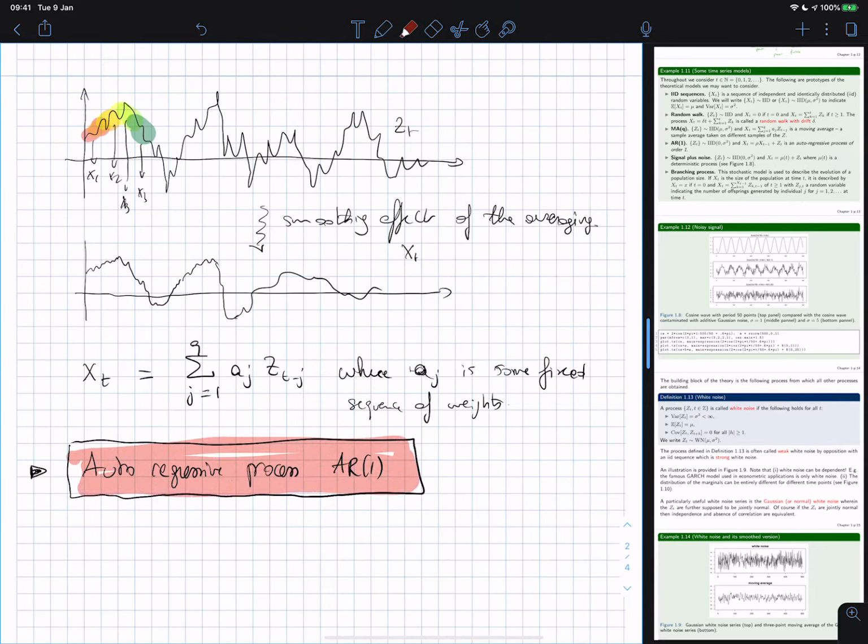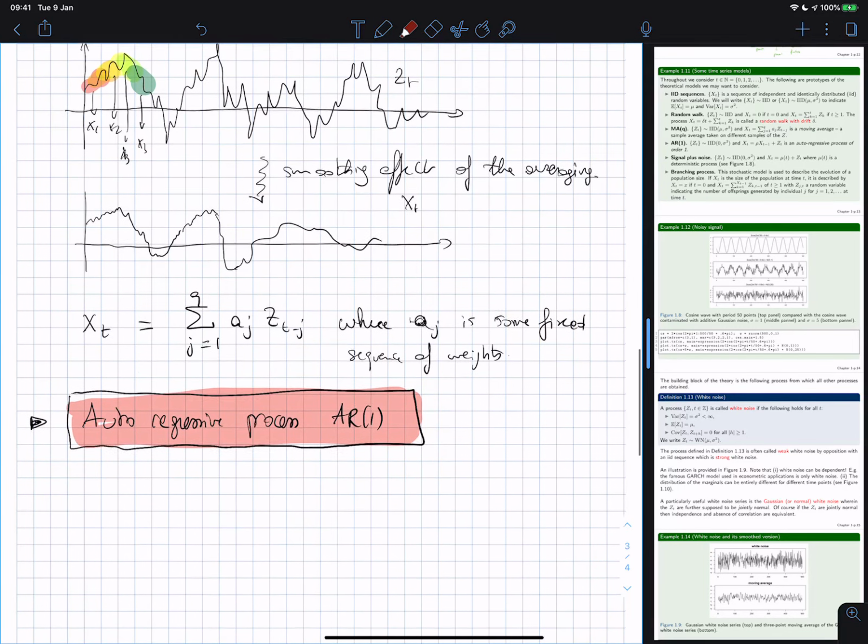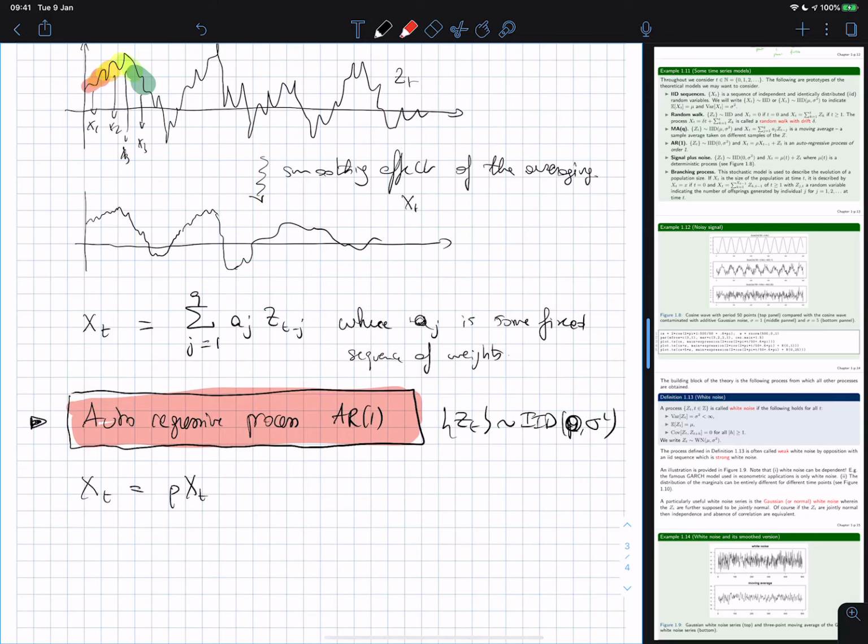The autoregressive processes are processes which are self-referential. Again, we start with Z_t, an IID sequence with mean 0 and variance sigma squared, and we say that X_t is defined as a multiple of the previous one. So we take rho times X_{t-1} plus Z_t.